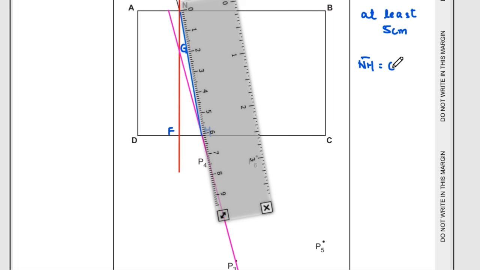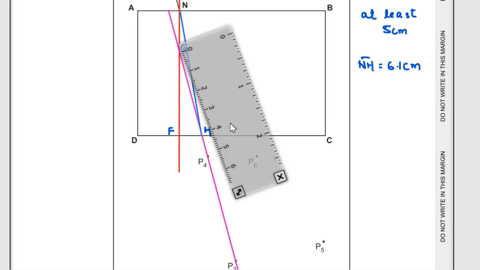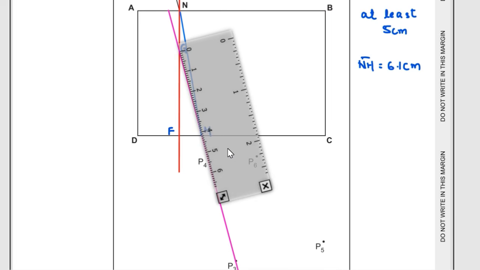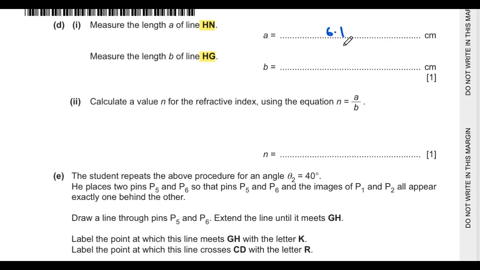So NH length or length A is 6.1 centimeters, and GH length is nearly 4.2 centimeters, which is length B. So I am writing length A is 6.1 centimeters, length B is 4.2 centimeters.